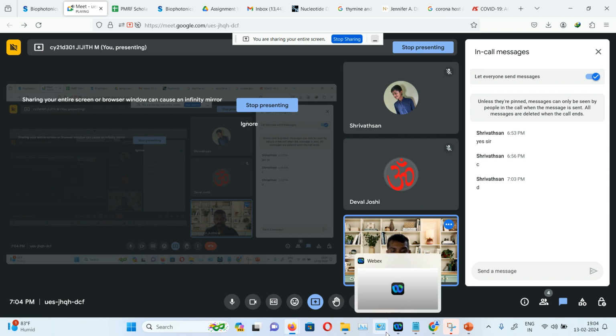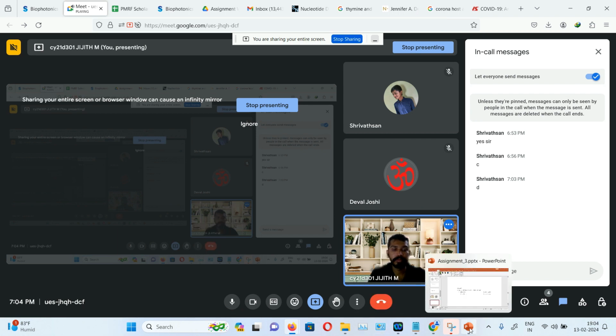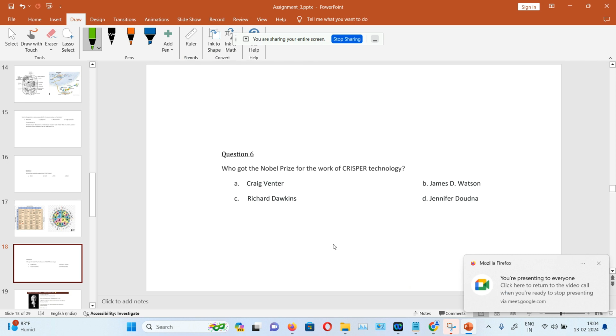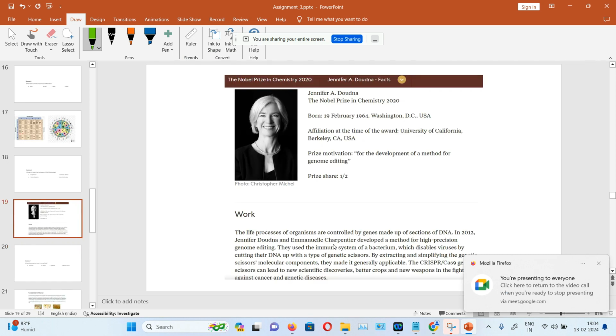Jennifer Doudna is the person who got the Nobel Prize in Chemistry for 2020. This is the portion I took from the Nobel organization's website only.